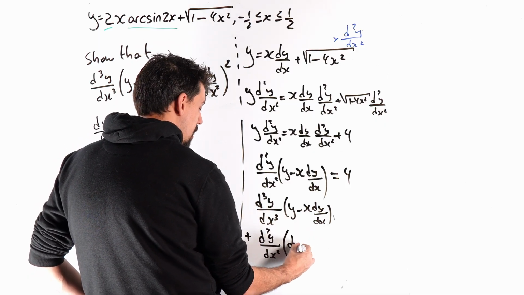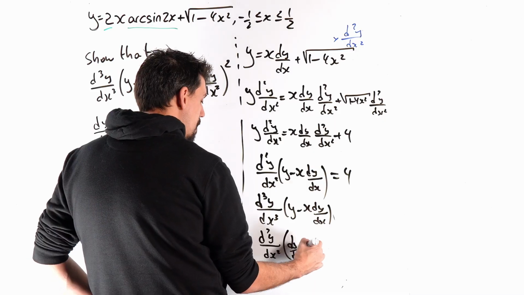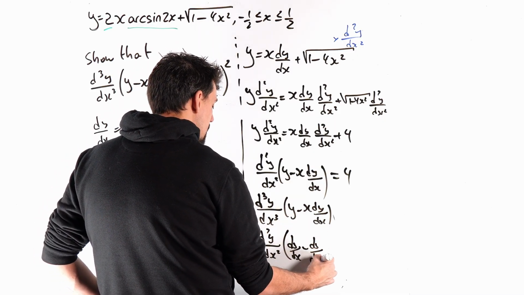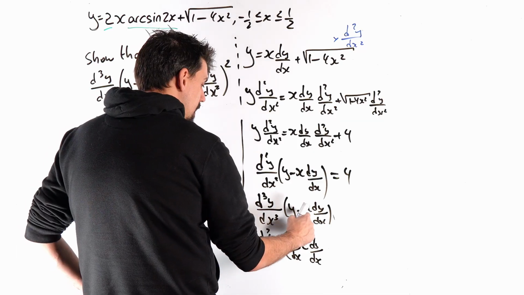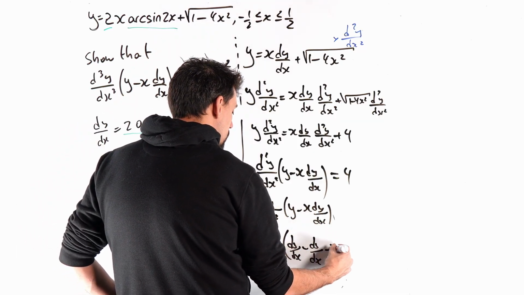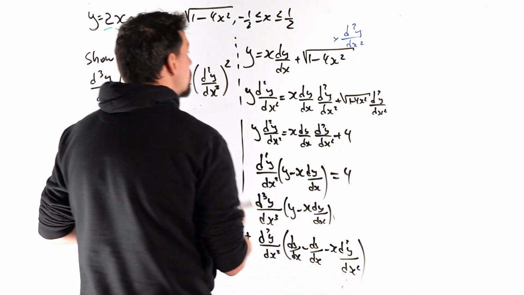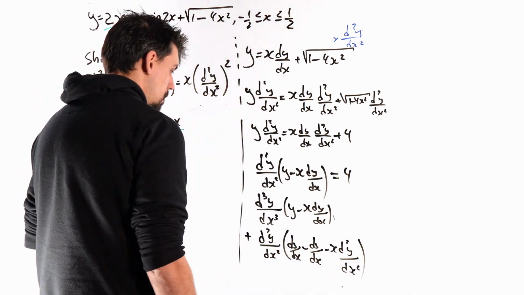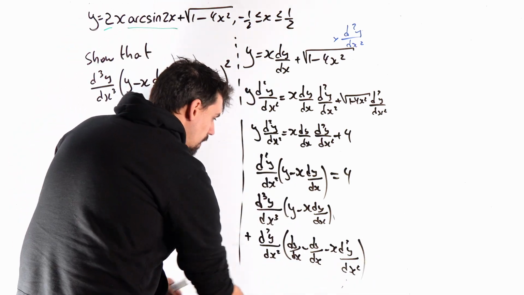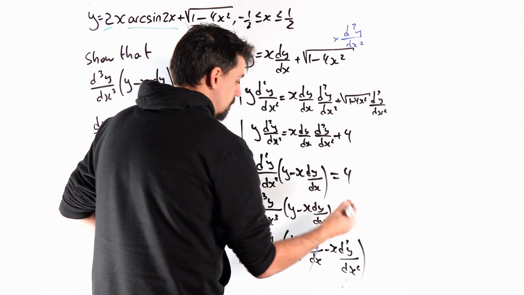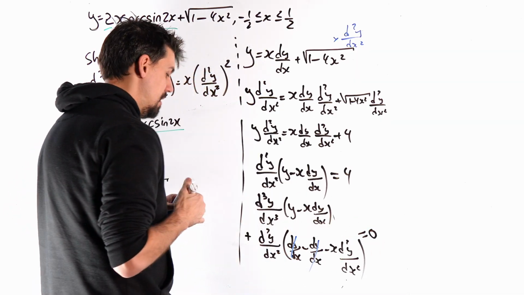So y becomes dy dx minus, differentiate the x, keep the dy dx. Well, that is handy. Keep the x, differentiate that. And that is quite handy. And all of that is equal to 0.